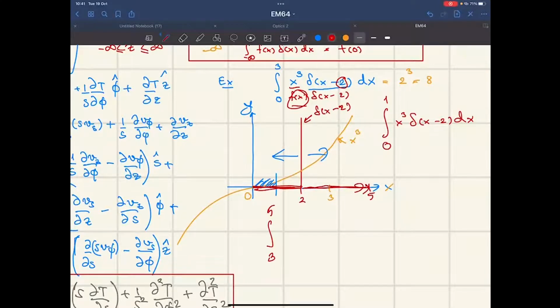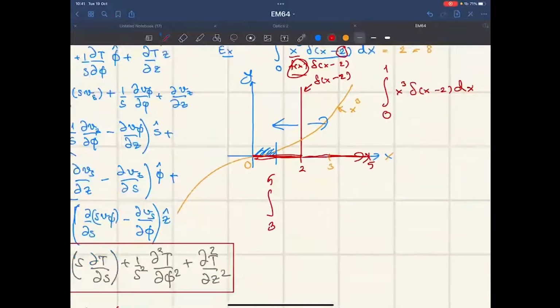So if I draw a curve for this integration, this thing is 2 here, and our function previously looks like this, right? This is our function. When it's multiplied by the Dirac Delta function, this thing is f(x) here, and this thing is the Dirac Delta function x minus 2 here.